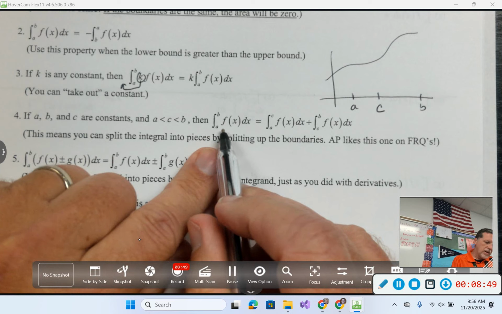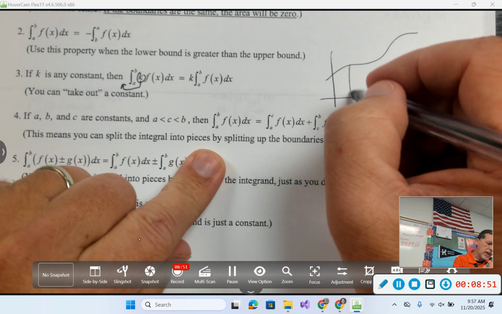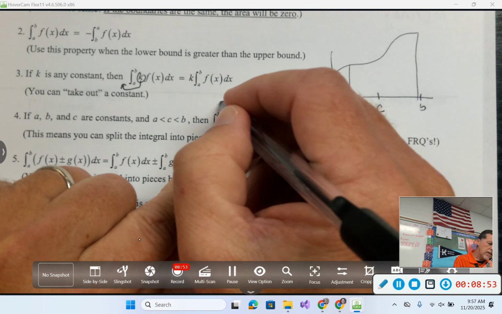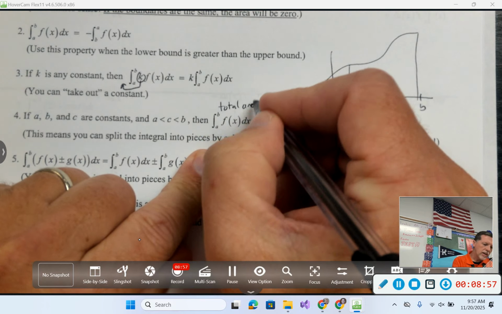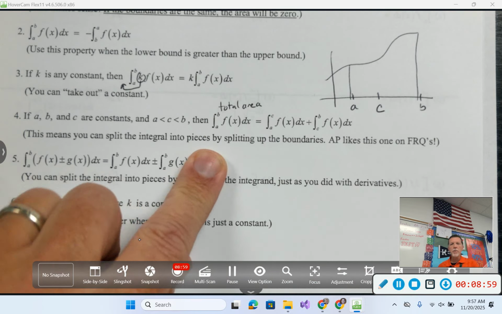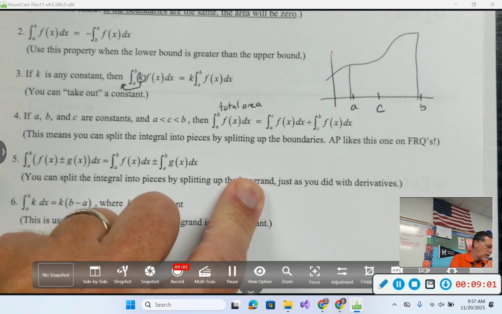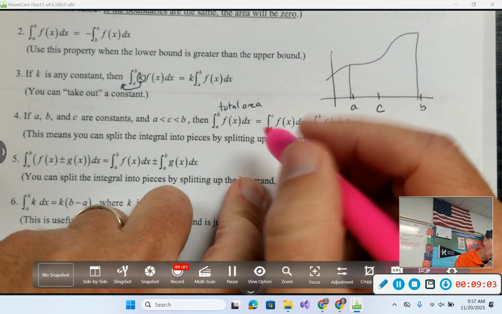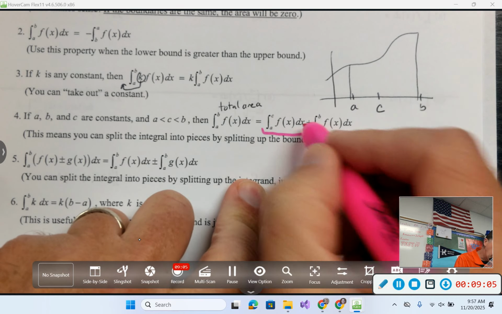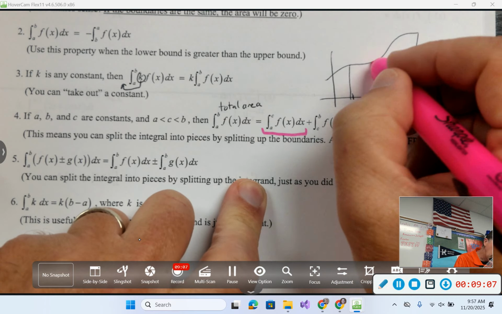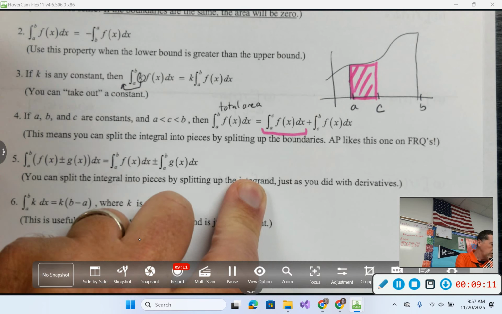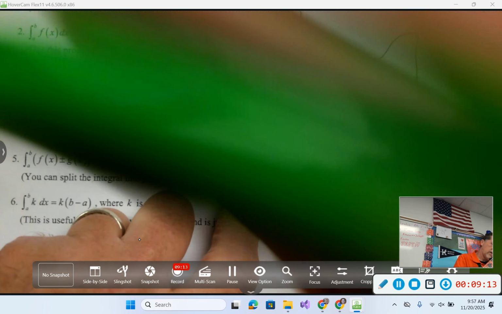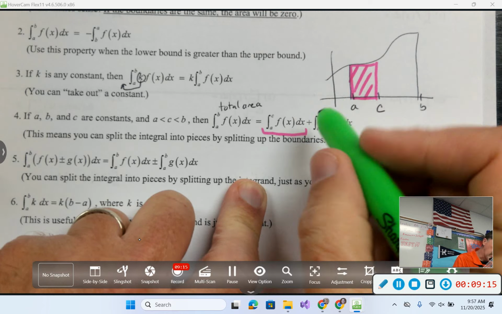Then the integral from A to B, so that's the total area, is equal to the area from A to C plus the area from C to B.